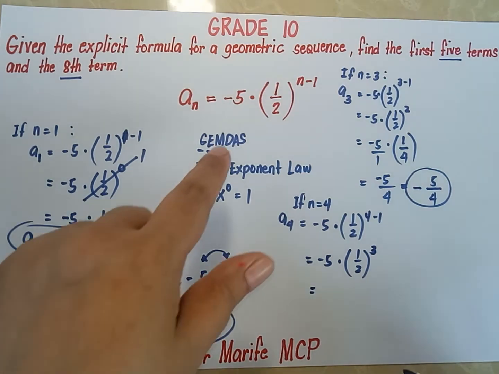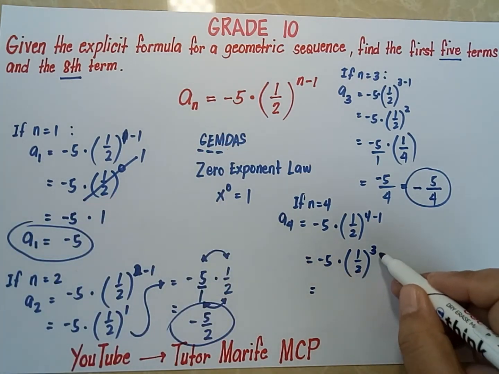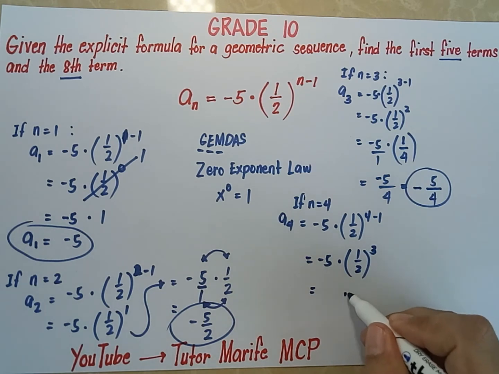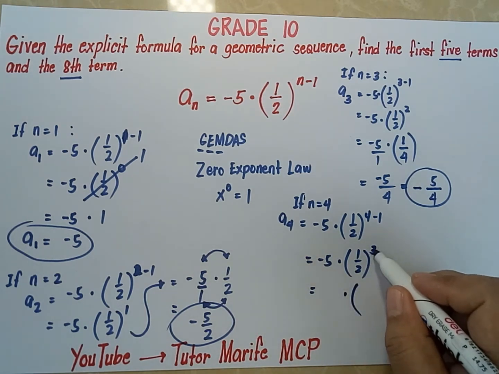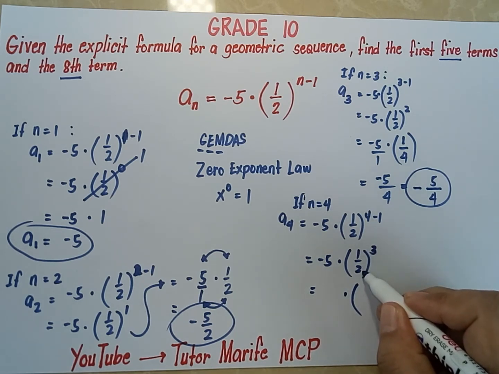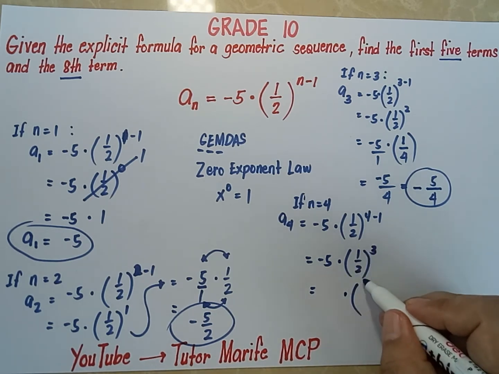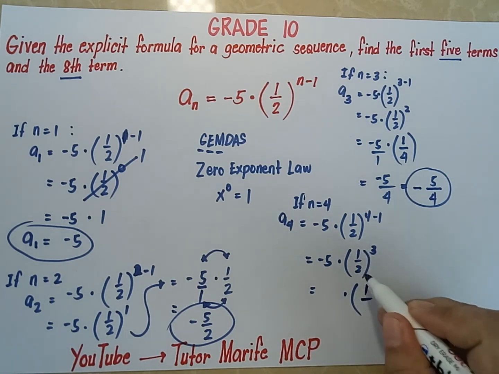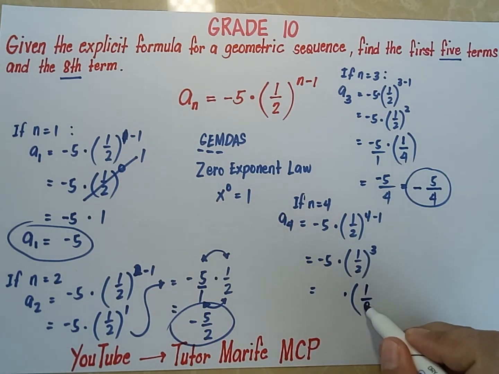So, by GEMDAS rule, you evaluate exponential first before you multiply. So, what's 1/2 cubed? Apply 3 to both the numerator and the denominator because of the grouping symbol. 1 cubed is 1, 2 cubed is 8.